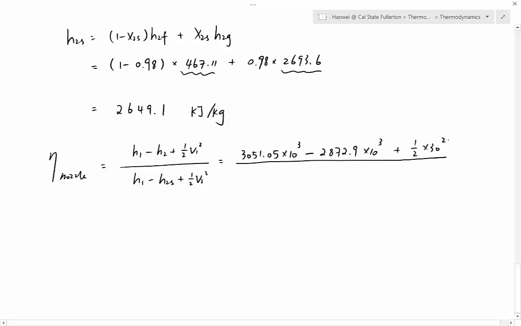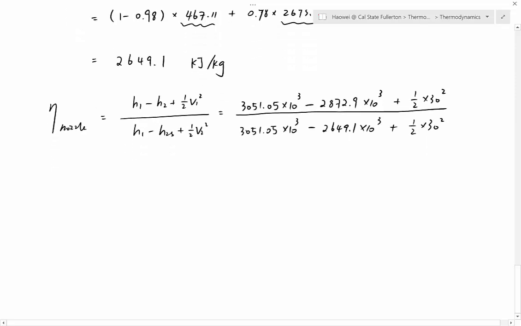And then we do the denominator. Now use your calculator. Your solution is 0.44. So the efficiency of the nozzle is 44%.